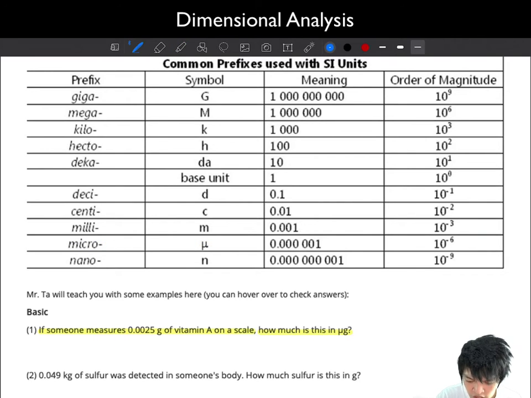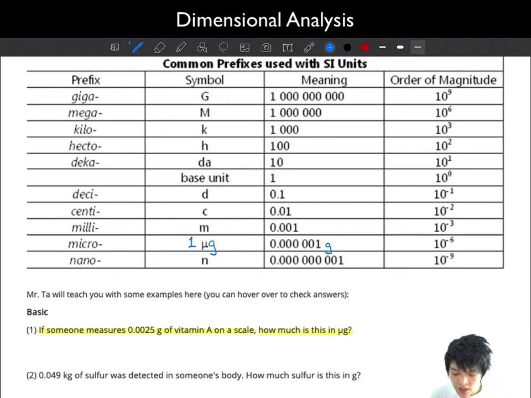To use the chart, we can get the relationship for micrograms and grams just by looking at where micro is and writing grams right next to it. A microgram is related to a gram because 1 microgram is equal to this many grams.